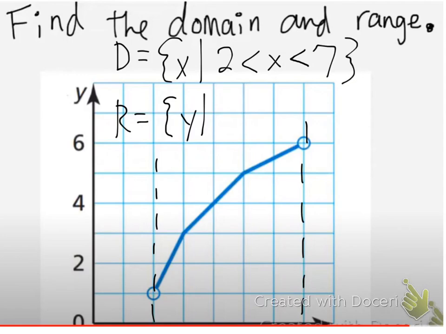Because I want x to be greater than 2, correct? So if I read it from the variable standpoint, it's x is greater than 2, and I want it to be less than 7. So it's between 2 and 7. Are 2 and 7 included? No, because they have these open circles on the endpoints. Everyone good with that domain?